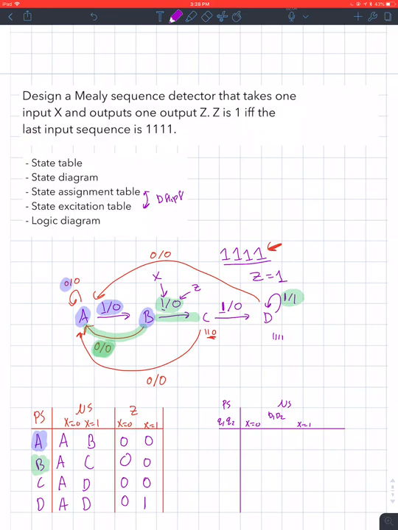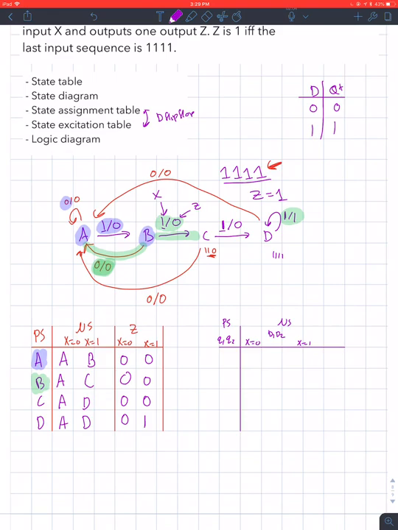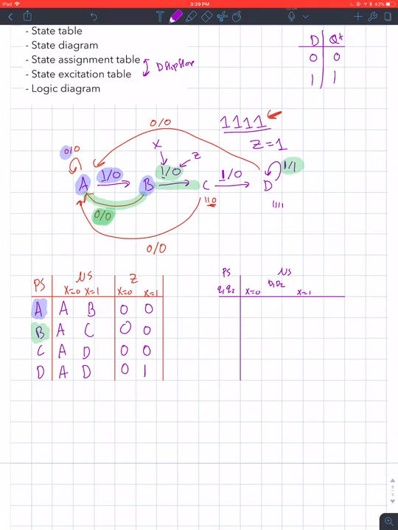The best way to do it is to use a D flip-flop, because for a D flip-flop, when D is 0 or 1, your Q plus is 0 or 1, so it doesn't change. So your state assignment table and your state excitation table will be the exact same thing for a D flip-flop. Normally you would have Q1 plus and Q2 plus, but I'm just going to cross these out and put D1 and D2.